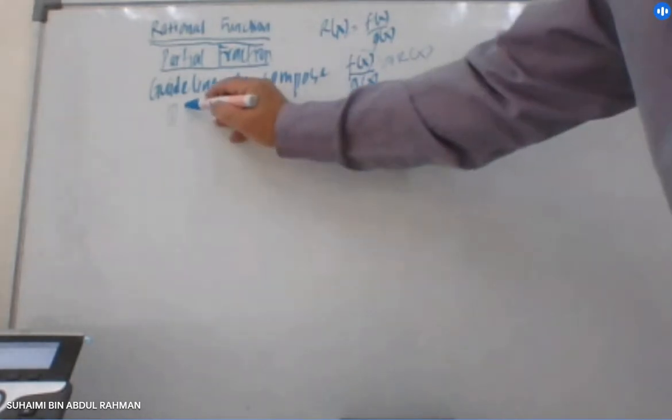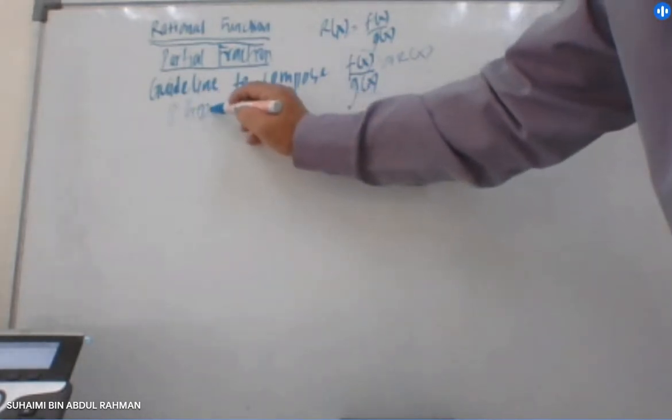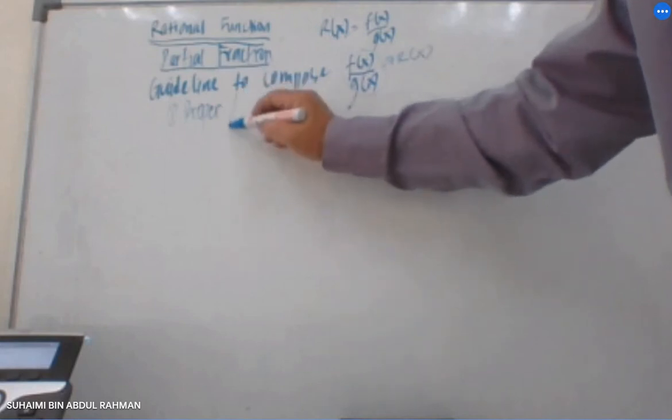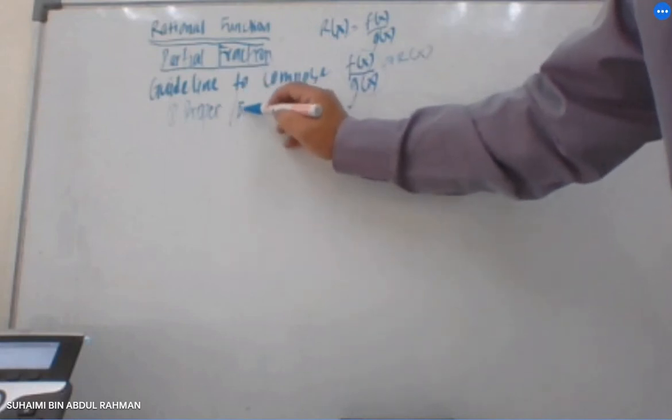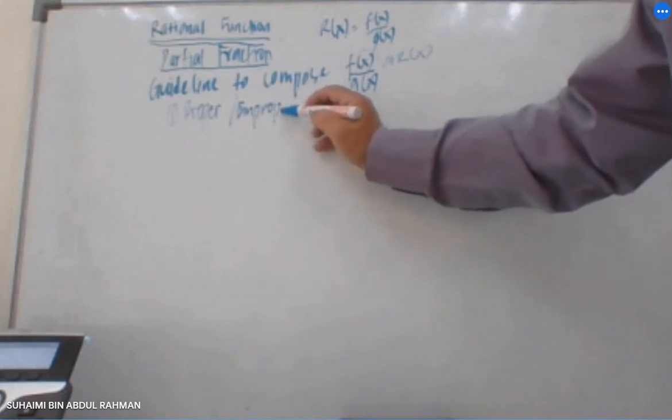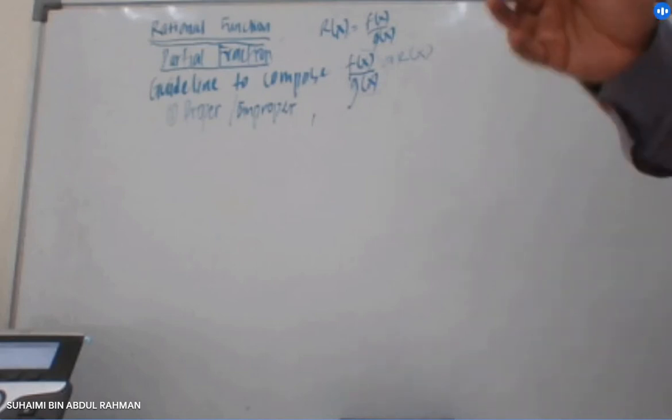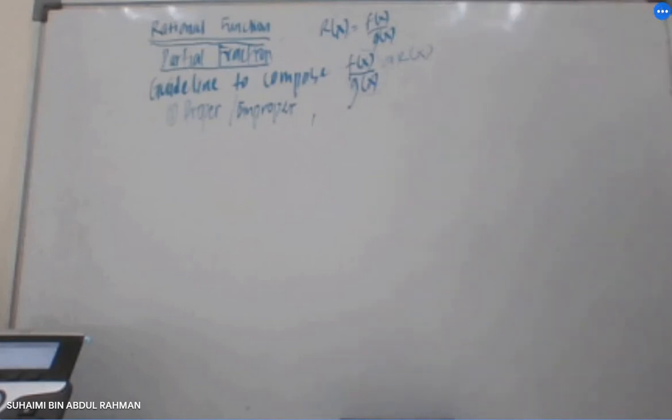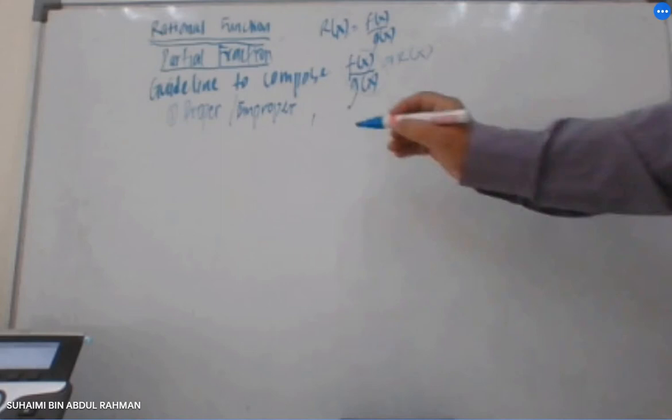So number one, look whether our rational function is proper or improper. We have to check our rational function, proper or improper.